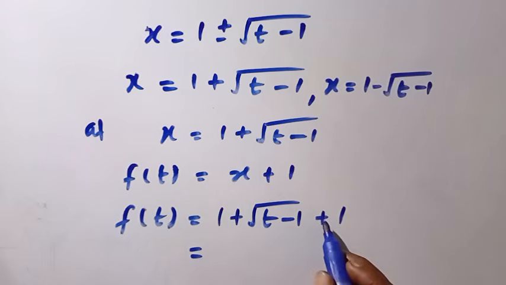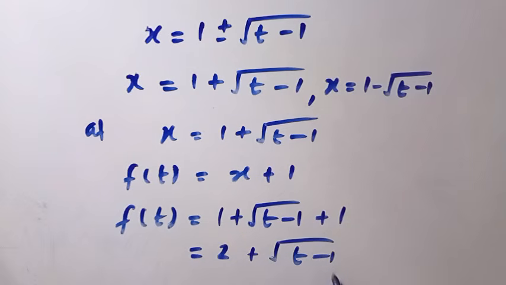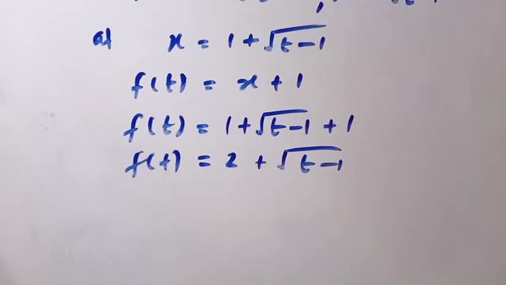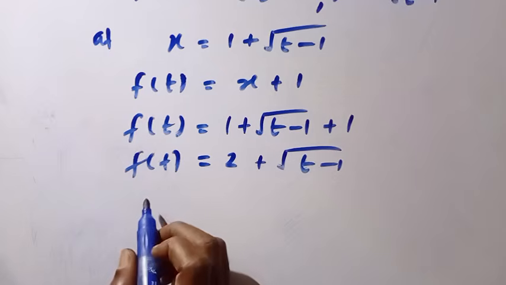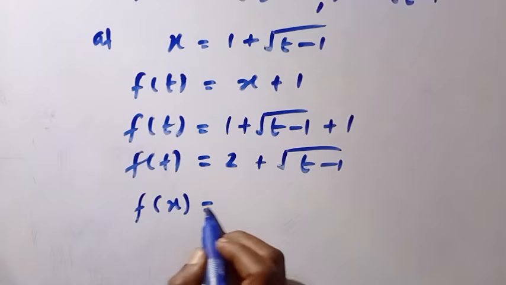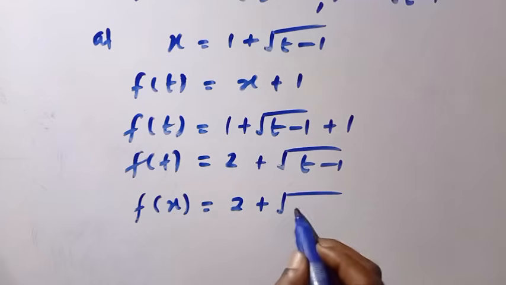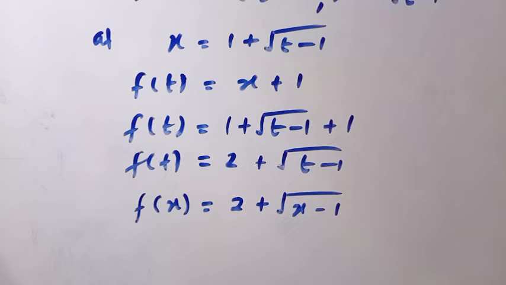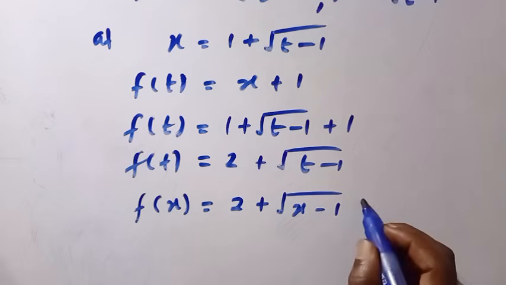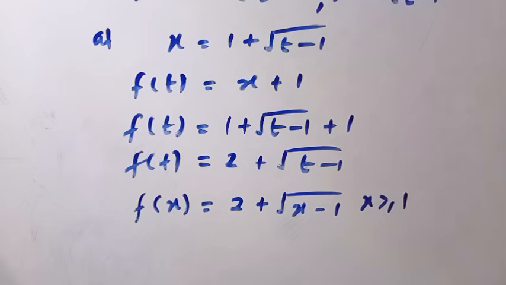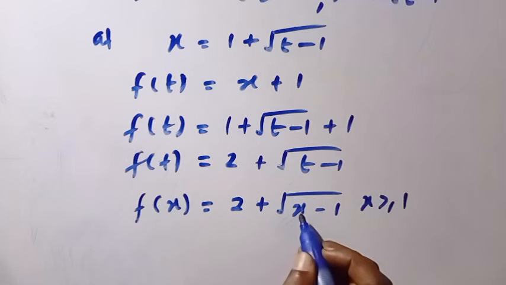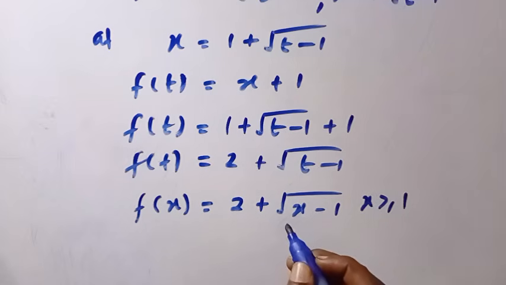This gives us 1 plus 1, that is 2, then plus the square root of t minus 1. This is f of t. And next, by changing t to x, we have f of x equals 2 plus the square root of x minus 1. This is what I got for the first branch, and we should know that x here is always greater than or equal to 1. Negative will not be allowed here because we are dealing with only real solutions, not complex solutions.